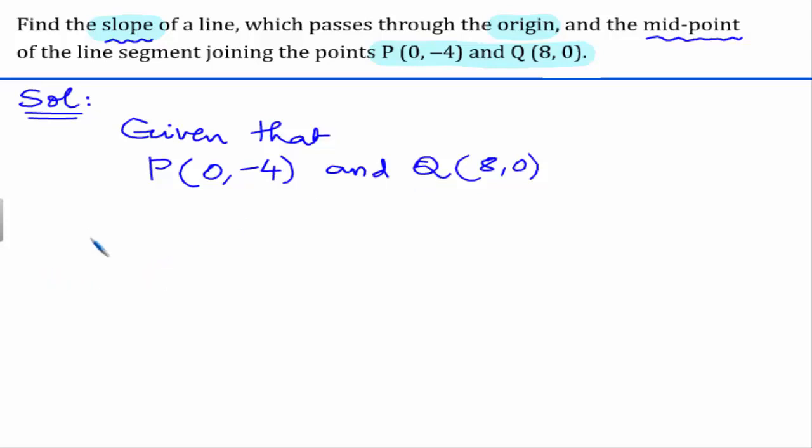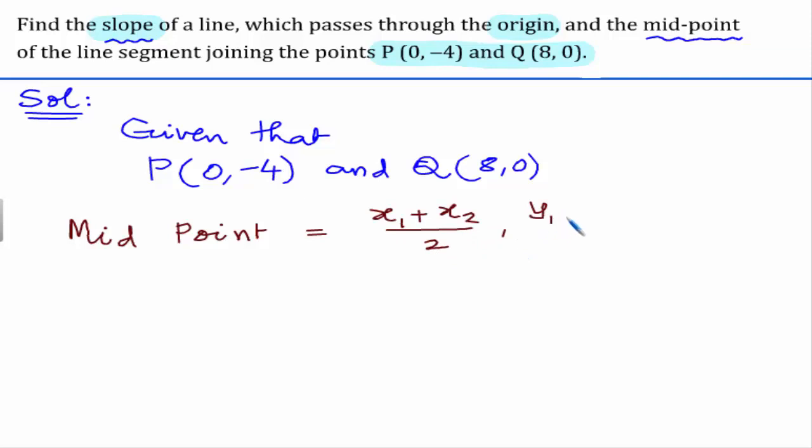Now first of all, let us find out the midpoint of the line segment joining these 2 points. So the midpoint formula is x1 plus x2 by 2 and y1 plus y2 by 2.